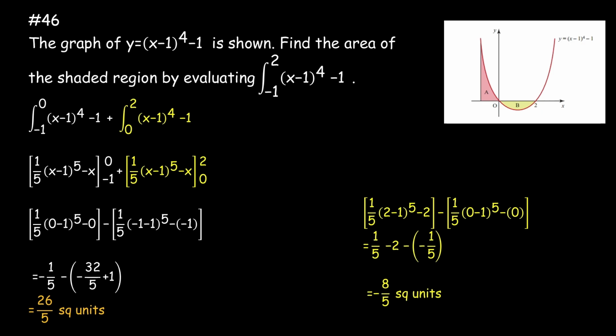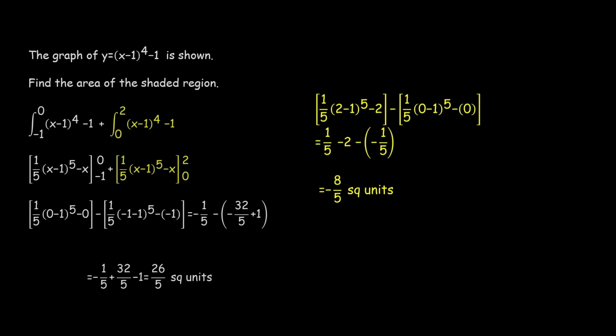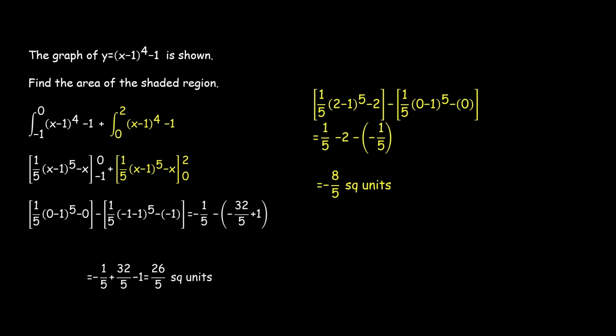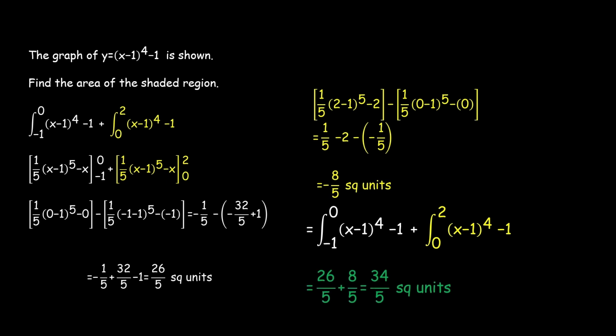So then we have to find the magnitude or the absolute value of this before adding them up together. So in this case, our final answer would be 26 over 5 units plus 8 over 5 units, and that gives us 34 over 5 units.